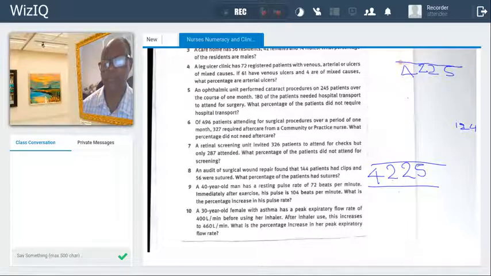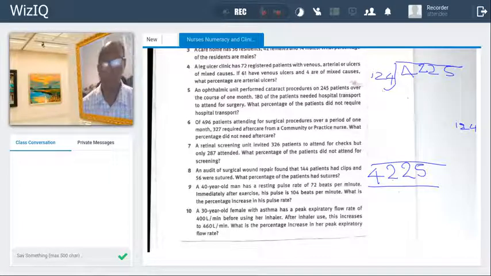That's the number I need. I'm going to divide by 1, 2, 4.